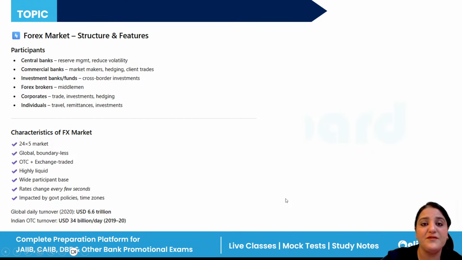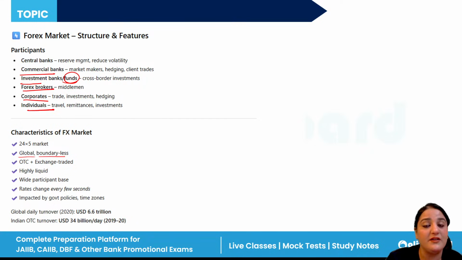Now, forex market structure and features. There are lots of participants in the forex market, generally central banks, commercial banks, investment banks and funds, forex brokers who are the middlemen, corporates and individuals. What are the characteristics of the forex market? It is a 24 into 5 days market, because Saturday and Sunday are off for the whole world. It is global and has no boundary.